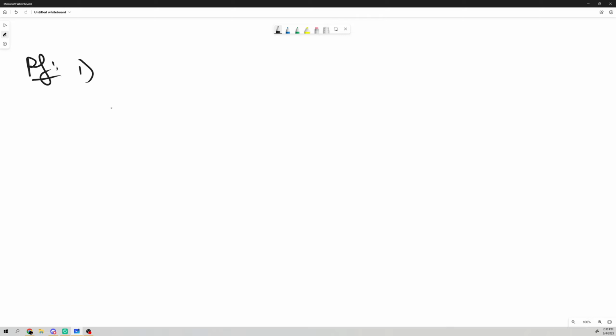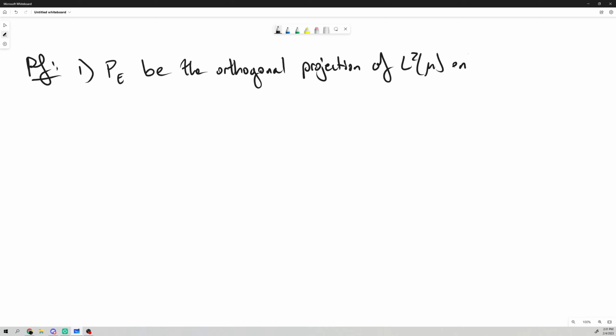The first thing we're going to talk about, so proof. We're going to start with steps. So step 1, we're going to let P_E be the orthogonal projection of L2 onto E, of L2 mu. And you're like, what is an orthogonal projection? Well, let me just give you a really simple definition. E is a closed subspace.